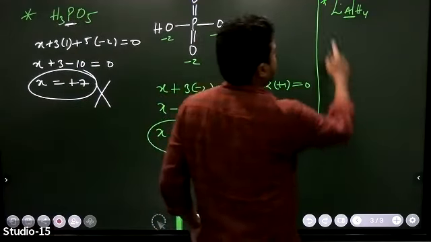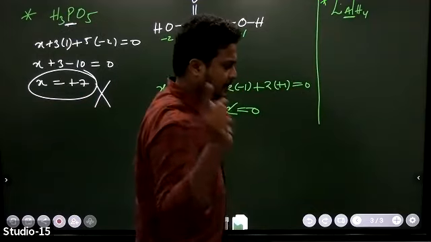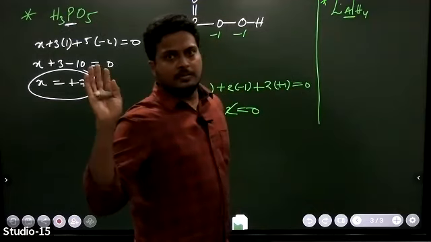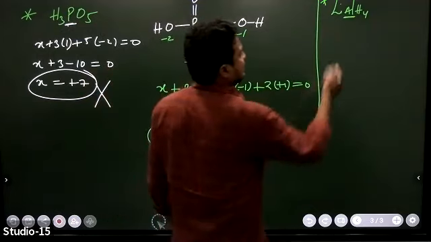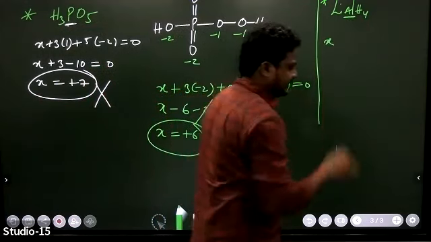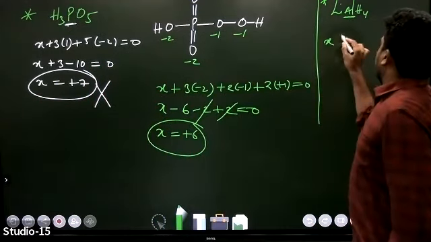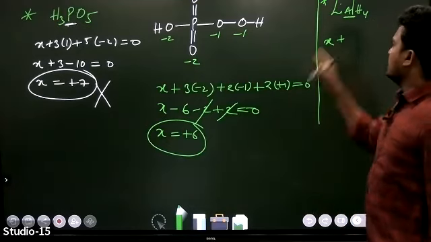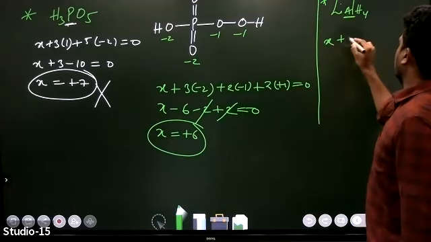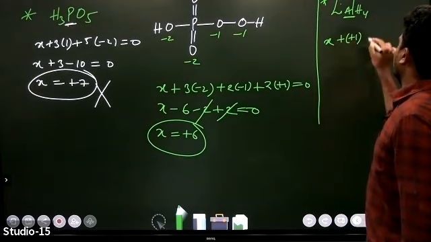Now tell me, lithium belongs to which group? 1A group. All 1A group elements show +1 oxidation state. Here the underlined species is taken as X plus. Lithium belongs to 1A group, so it shows +1 oxidation state.